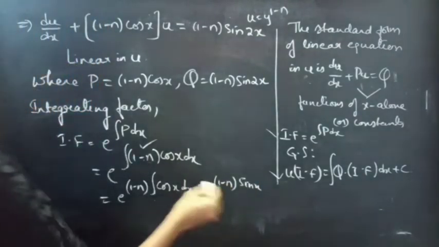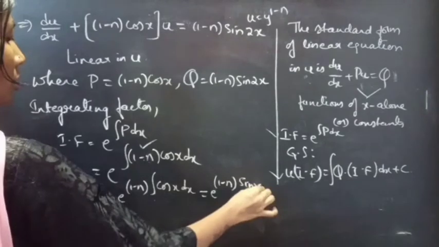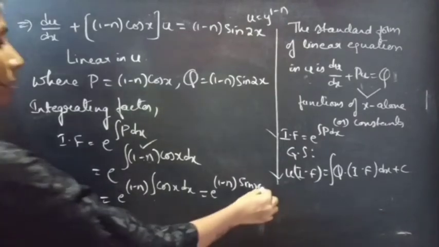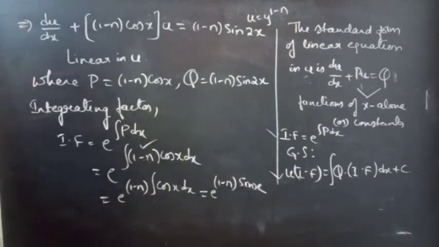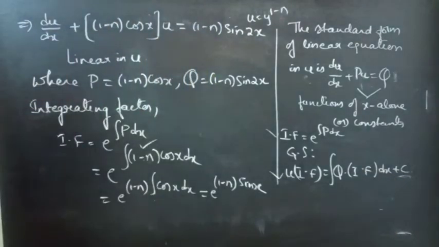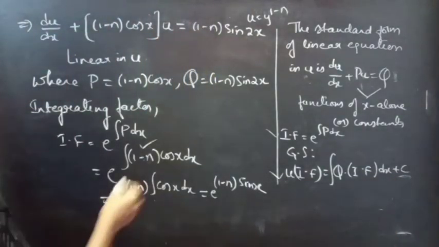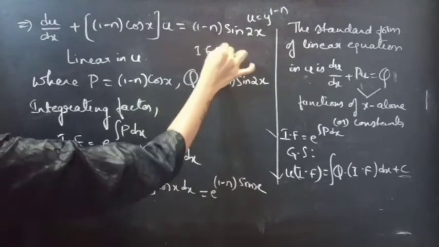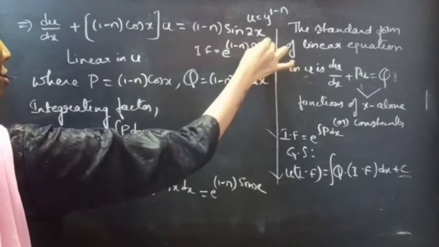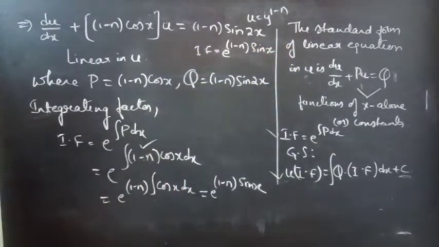Here we will not write any constant because e to the power of some constant is also some number. Instead of writing plus constant for every integral, we'll finally write plus c in the general solution. That is enough. So we got the integrating factor e^((1 − n) sin x).